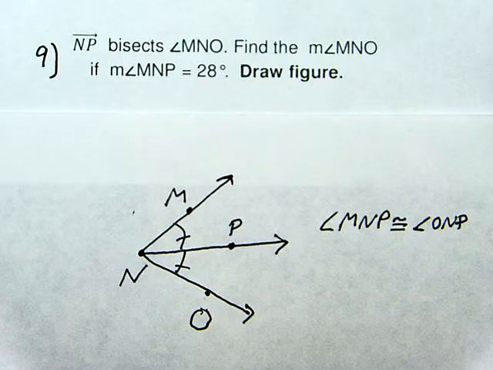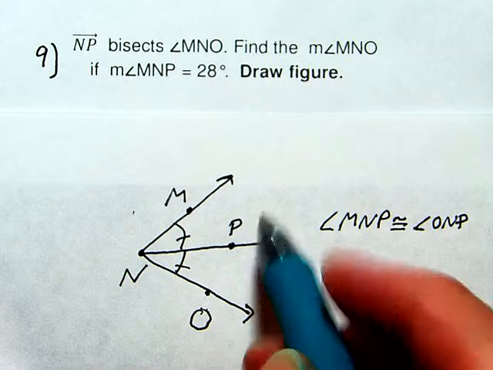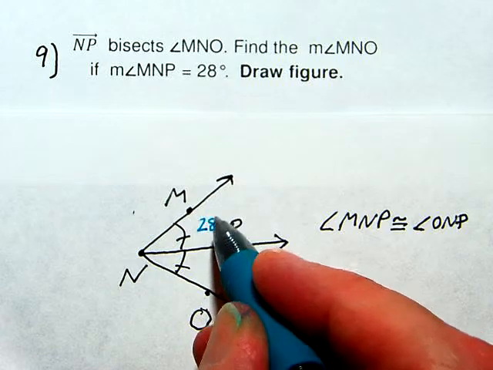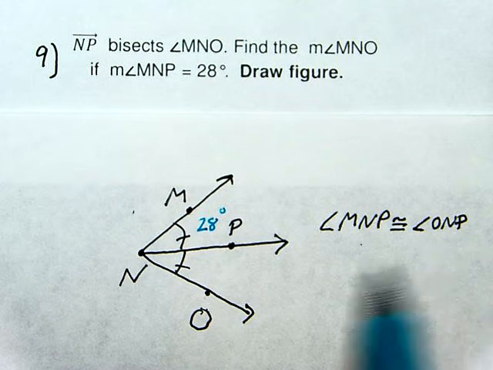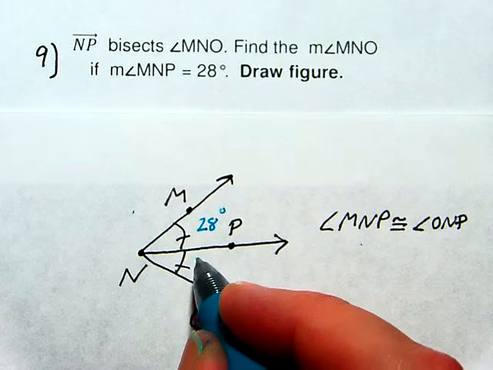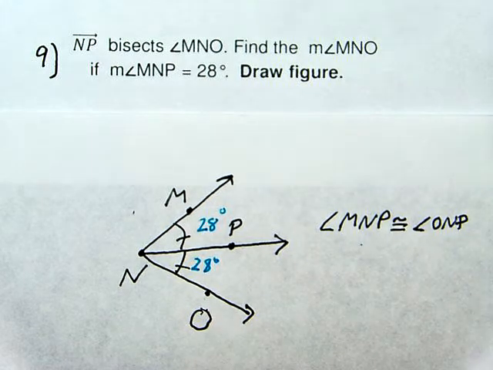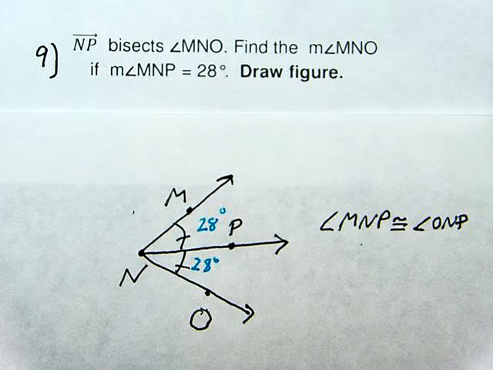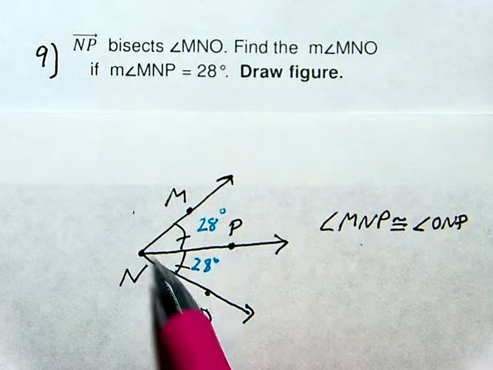So that means that this smaller angle here, MNP, is equal to 28 degrees. But we know that angle MNP is congruent to angle ONP, which is the other small angle, so it also must equal 28 degrees. We are asked to find the measure of MNO, angle MNO, which was the original angle.